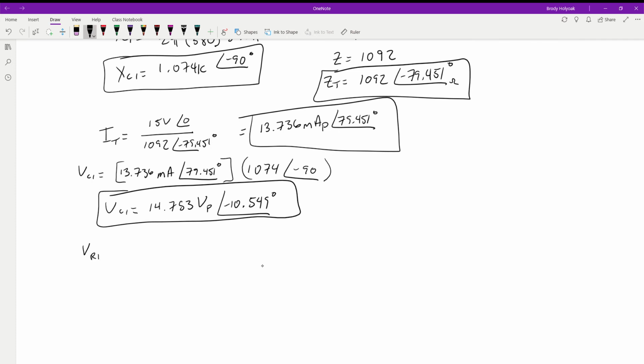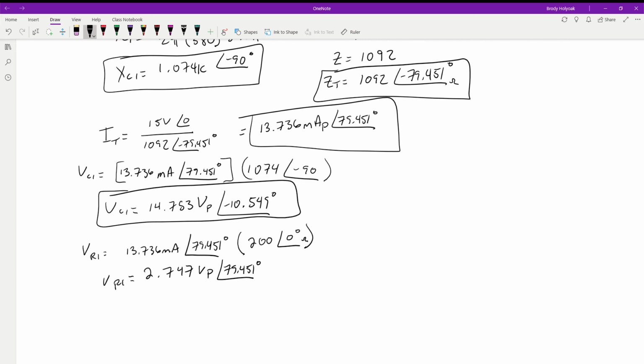The voltage of resistor 1 is equal to 13.736 milliamps at an angle of 79.451 degrees multiplied by the resistance of 200 ohms at 0 degrees. Voltage of resistor 1 is equal to 2.747 volts peak at an angle of 79.451 degrees.